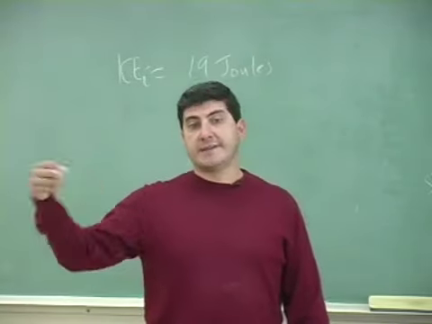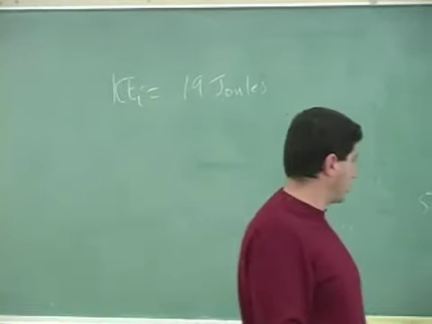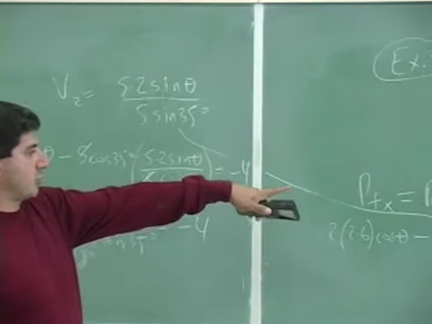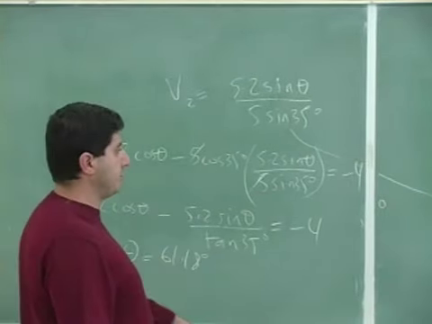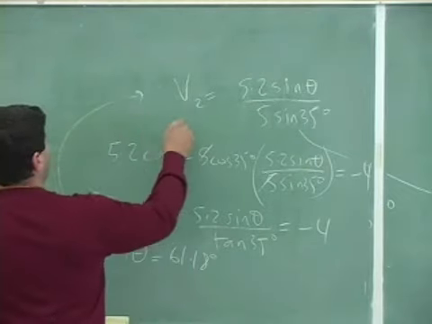And then you got to find the final kinetic energy, and then take their percent difference. Okay? So we got to solve for V2, right? So we got to take the angle here, put it back into the equation for V2, solve for V2 here.